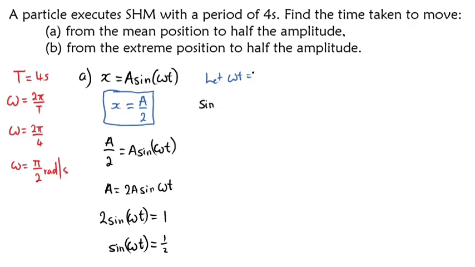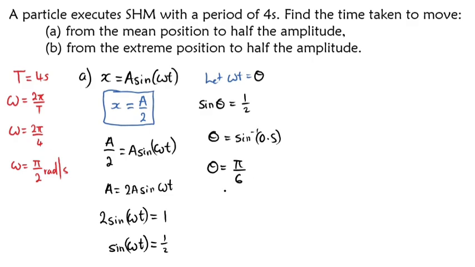So replace omega t with theta. So it means that sine theta is equal to half. So theta is equal to the sine inverse of half. The sine inverse of half is 30 degrees, which in radians is simply pi over 6.